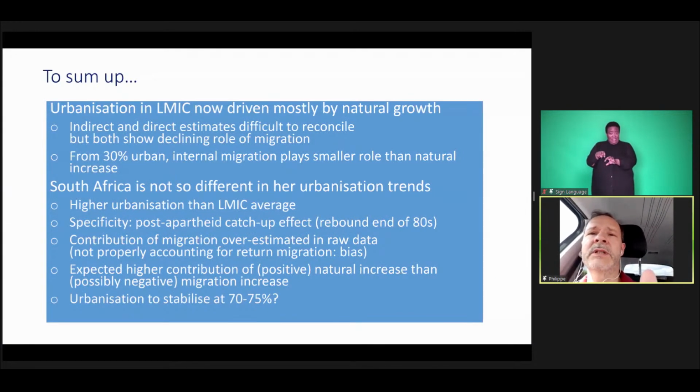So to sum up, and this is the last slide, urbanization in low and middle income countries is now driven mostly by natural growth, contrary to the usual expectation.